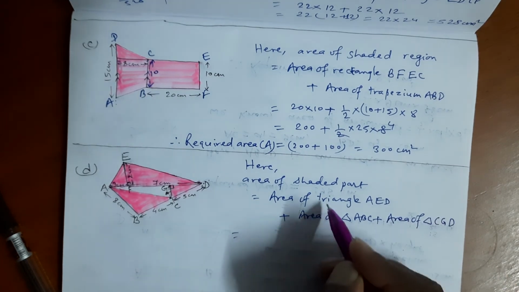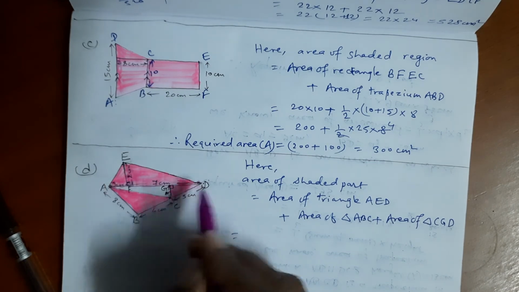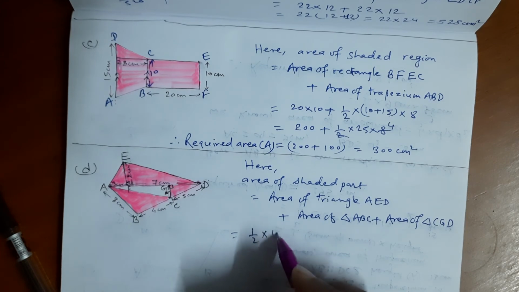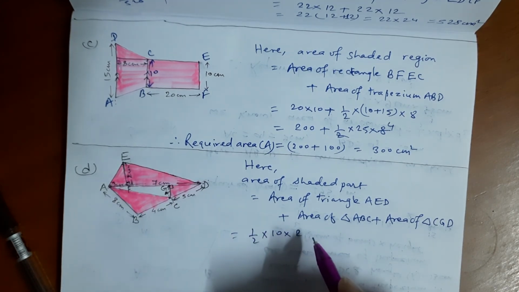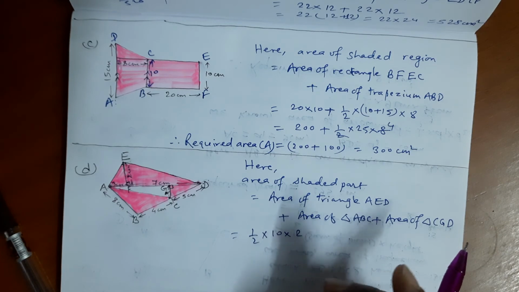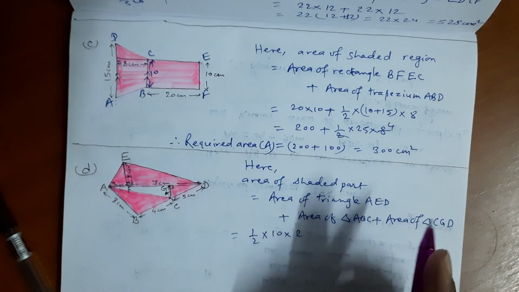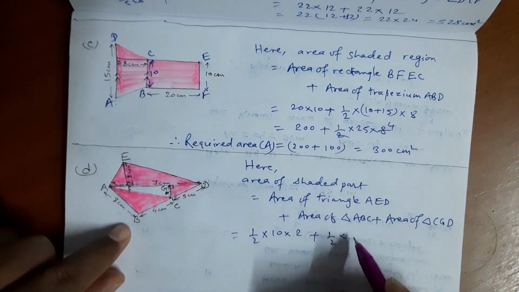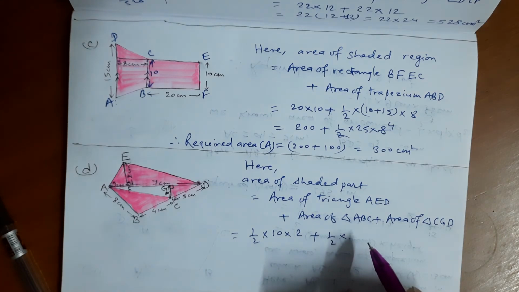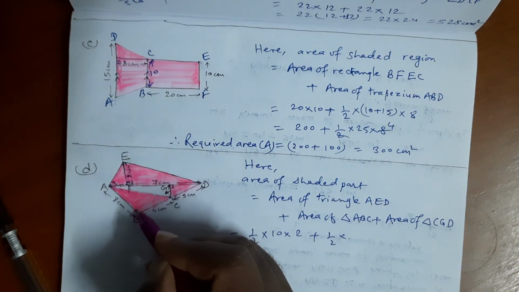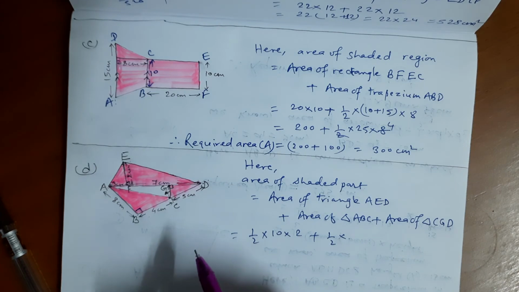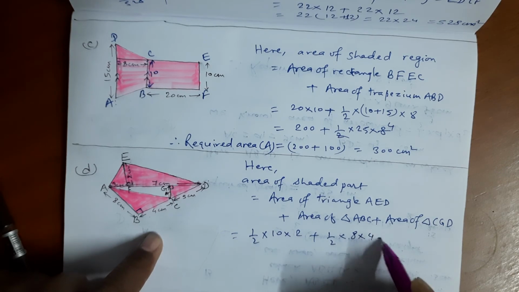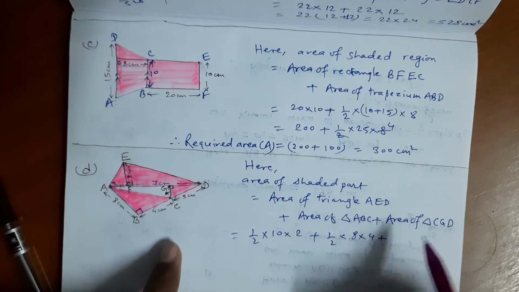So the area of triangle AED will be half times base, which is 3 plus 7, that is 10, times height, which is 2 centimeter. And now this plus the area of triangle ABC, that is half times base, which is 8, times height, which is 4, since this is also given as 90 degree. Plus the area of this triangle CGD.